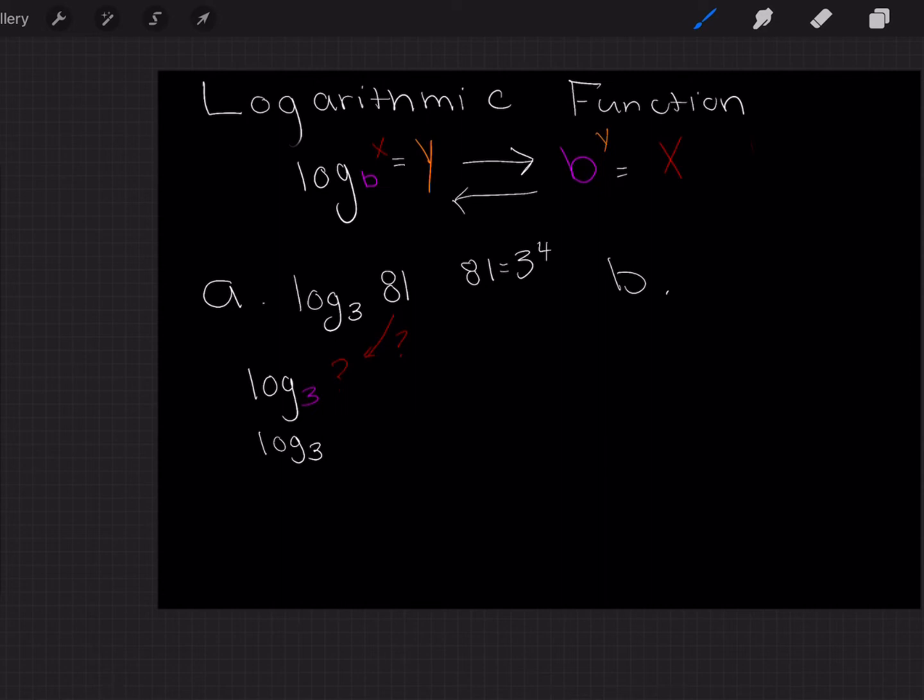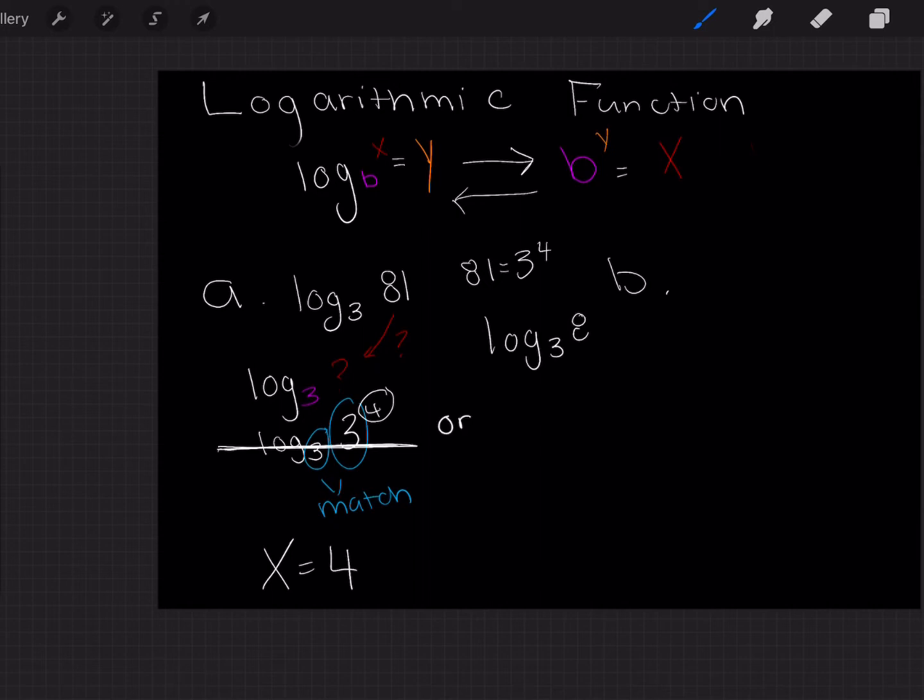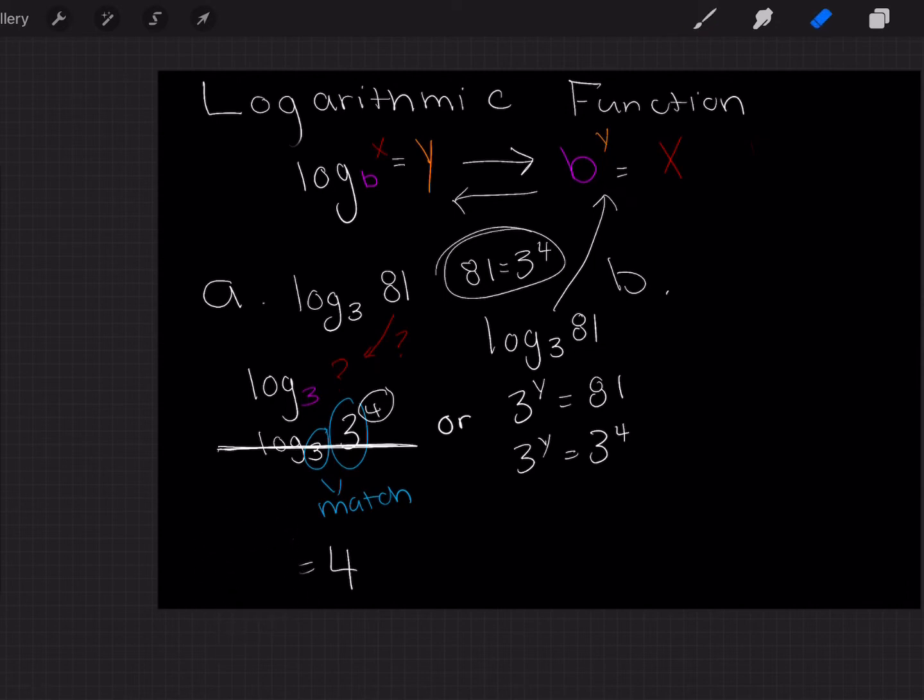So what we need to do in order to solve this is, you notice that there's a rule where when the base and the x are the same, they cancel out and you're left with that 4. Or you can use our inverse, and your log base 3 of 81 is going to become 3 to the y equals 81. Then 3 to the y equals 3 to the power of 4. That cancels out our 3's and leaves us with y equals 4.